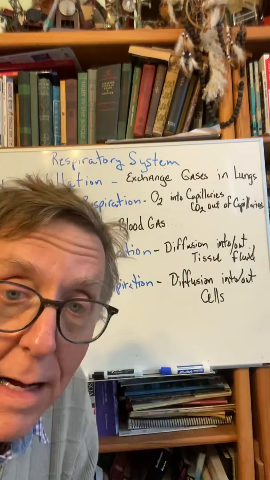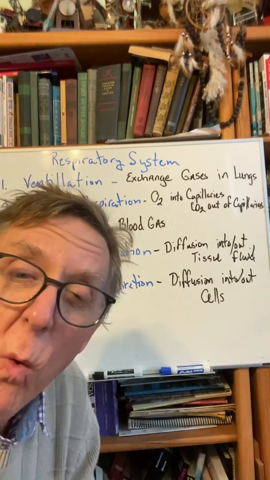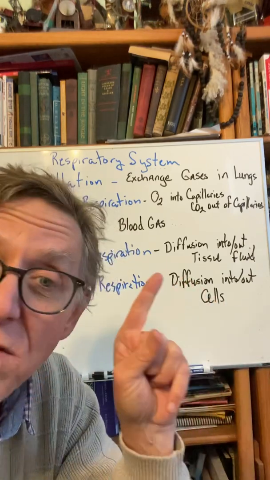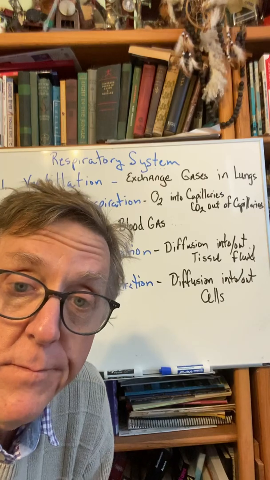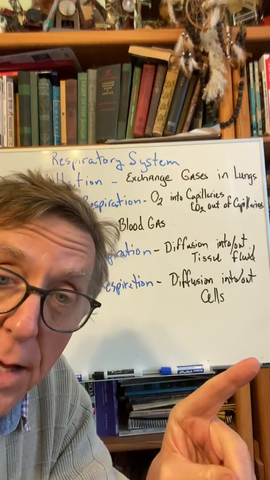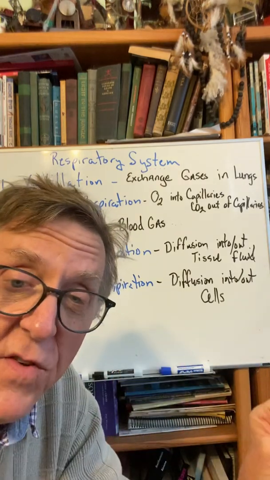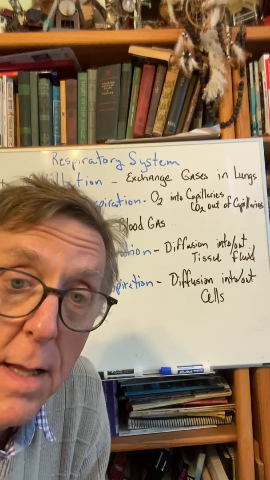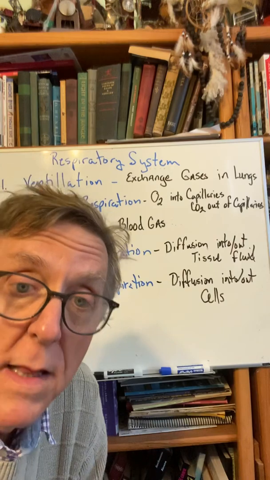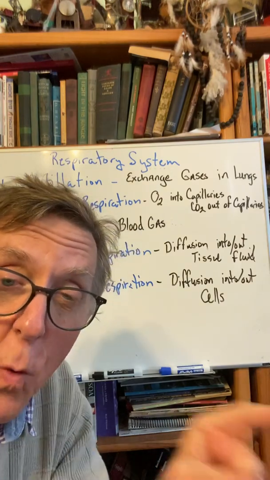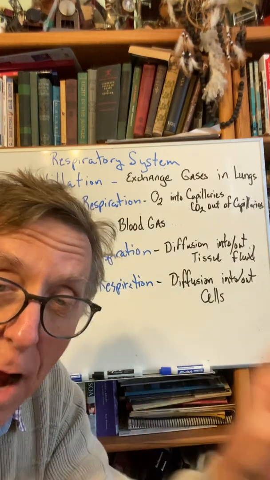Well, of course you'll die. Why will you die? What is the point of all of this? It is so that you have oxygen to be the final electron acceptor in cellular respiration, the release of energy stored in chemical bonds. So how are we going to get there?